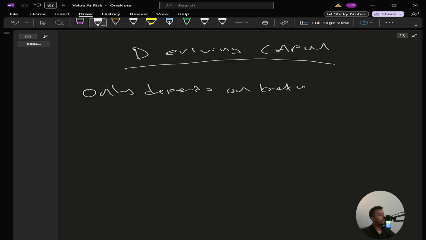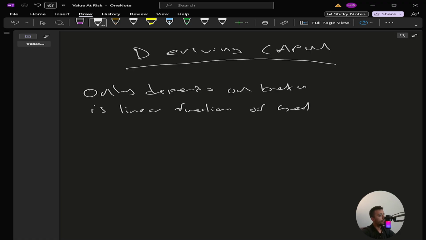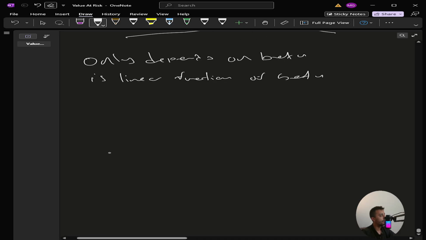It only depends on beta and is a linear function of beta. We therefore obtain the following equation. Here I will give you an equation where expected return is explained as a linear function of beta, with intercept equal to a and slope equal to mu.